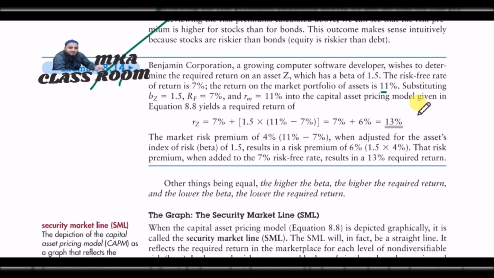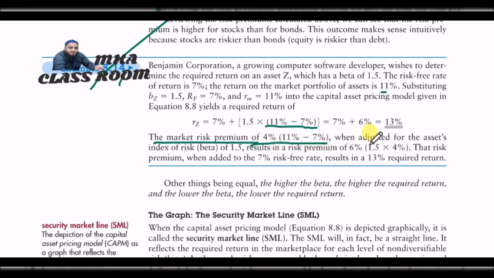So what amount does he take more? That is 11 minus 7%, that is, he takes 4% more risk. So the market risk premium is 4%. That means this is the amount he takes beyond the 7%.